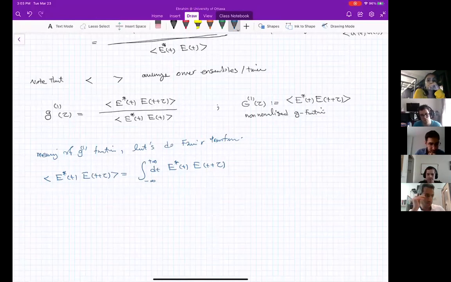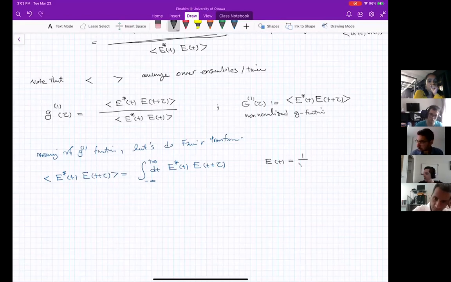I know also from optics, Fourier optics, that E at the time of t is linked to its Fourier transform by E tilde of omega, e power of minus i omega t. Do you agree?